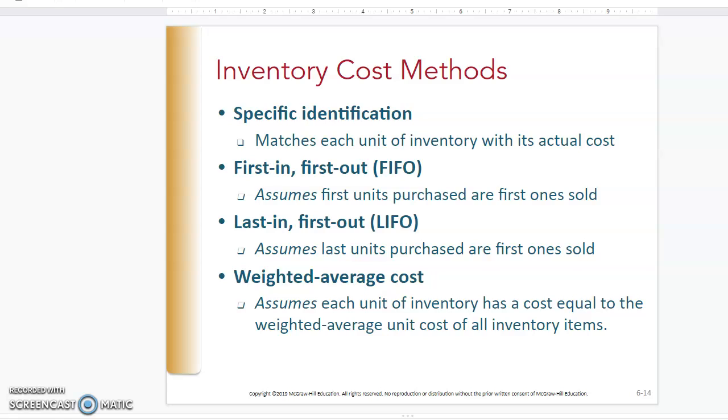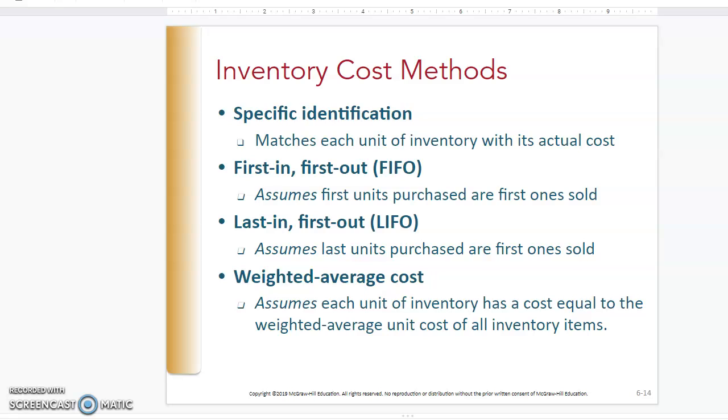The most obvious example is vehicles, because they each have a vehicle identification number. So when a car dealer sells this unit, they can look at their inventory and say, this is how much that vehicle cost, and pull that out. This can also be used for anything with a serial number or items that are very unique, like jewelry.